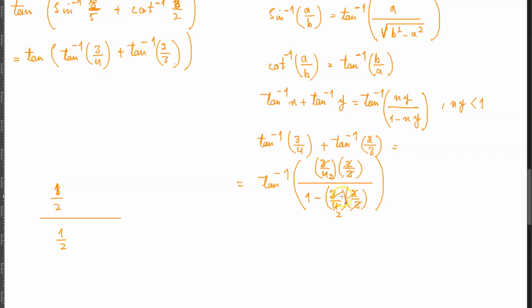So the numerator becomes 1/2, the denominator becomes 1 minus 1/2, which is equal to 1/2, and 1/2 over 1/2 is equal to 1. Which means that this is equal to the tan inverse of 1/2 over 1/2, which is equal to 1. So that is equal to the tan of the tan inverse of 1, which is equal to, now we need to make sure that this 1 is in the domain of the tan inverse function.